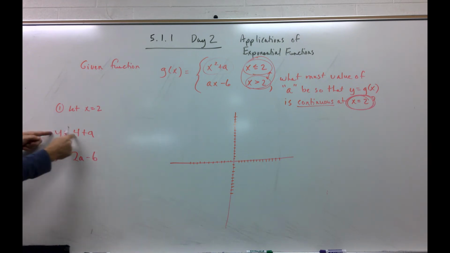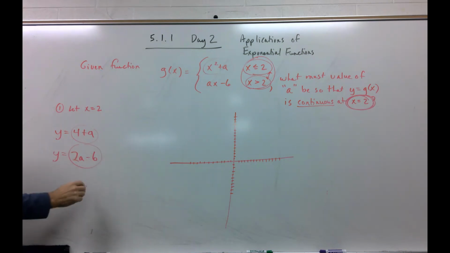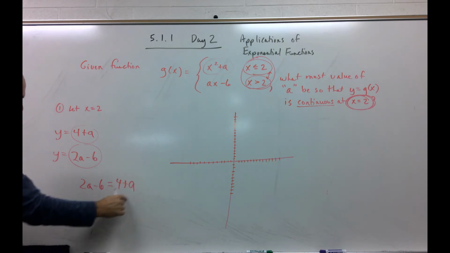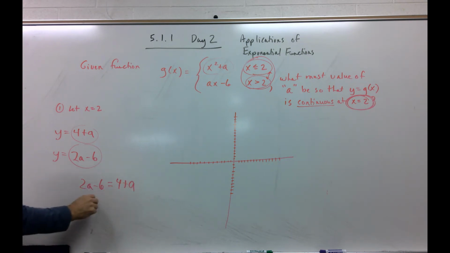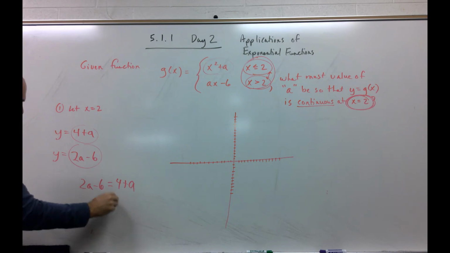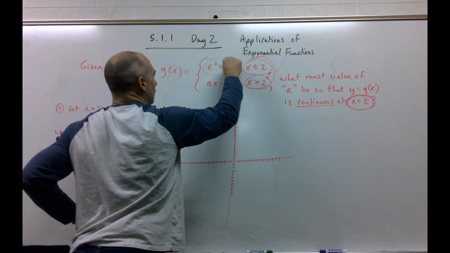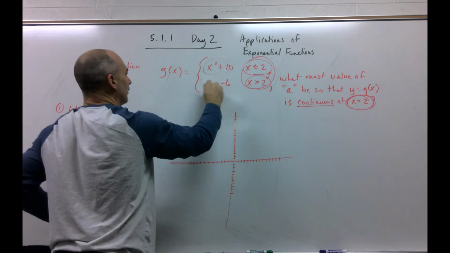Y equals this stuff, y equals this stuff. So I'm going to set this stuff equal to each other, so 2a minus 6 equals 4 plus a. Now if I subtract a from both sides and add 6, I'm just going to get a equals 10. What do I do with that? Well, now I know this is a 10, and I know this is a 10.